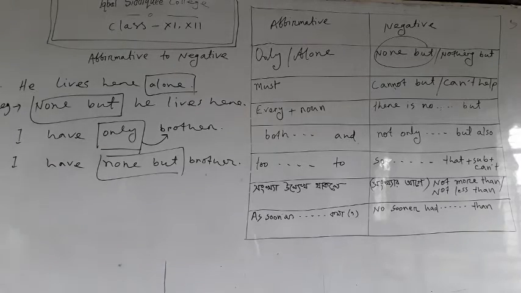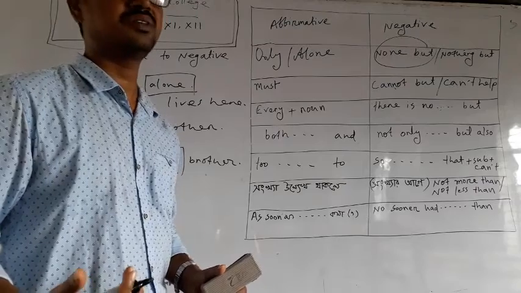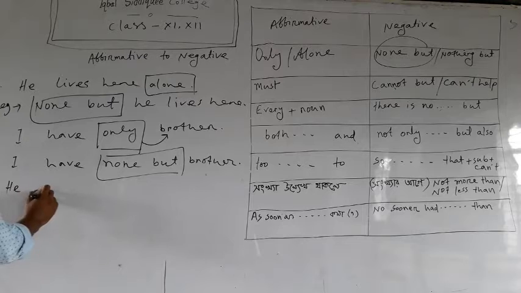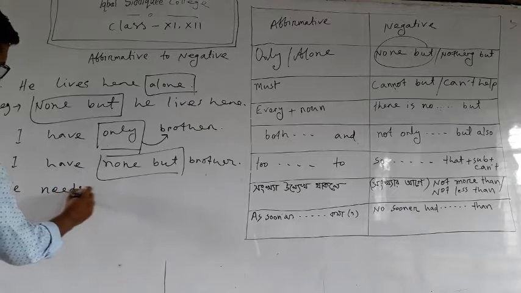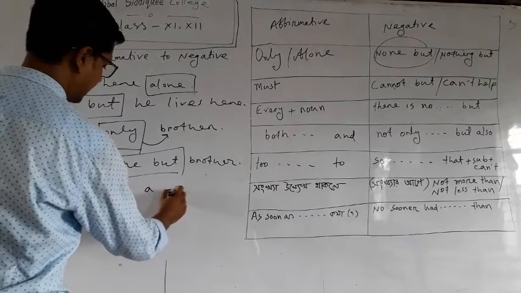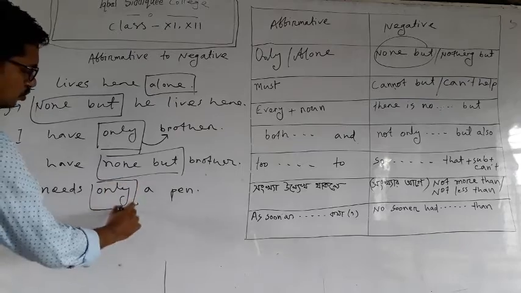Now we will make a sentence which is not personal, or which is not referring to a noun that is a human being. He needs only a pen. Here, "only" is referring to a pen.